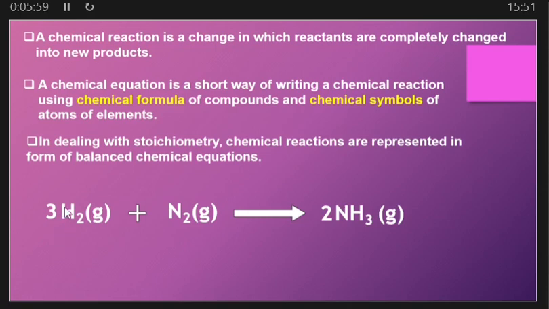So when we put a 3, it means now that hydrogen has 6 atoms, because when we multiply 2 by 3, we get 6. So in this case, we have hydrogen atoms 6, nitrogen atoms 2, and on the other side, nitrogen atoms 2, hydrogen atoms 6. So the number of atoms on the left side of the equation equals the amount of atoms on the right side of the equation.